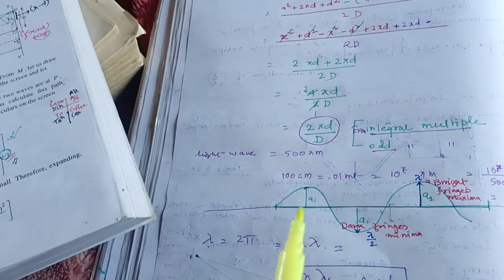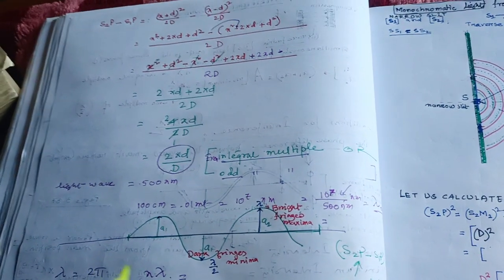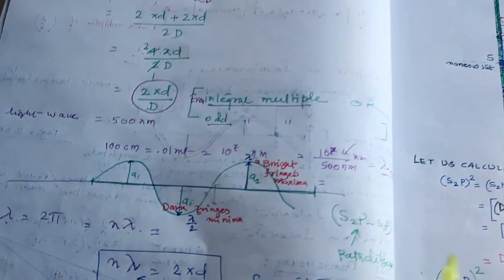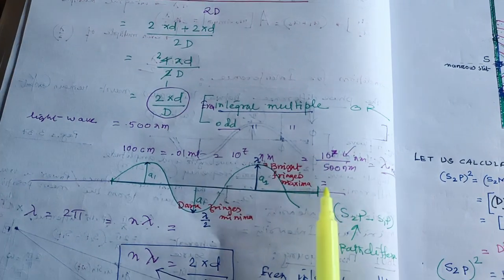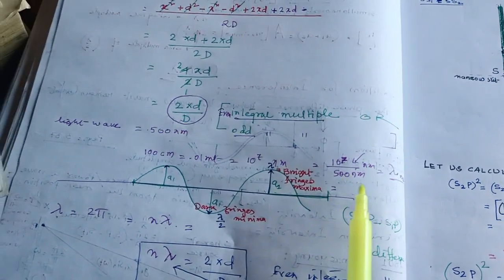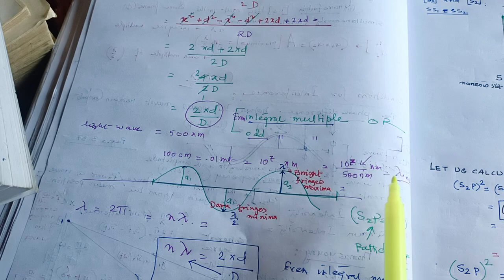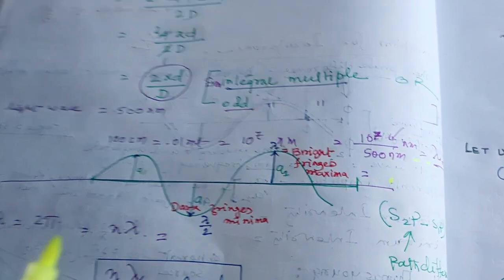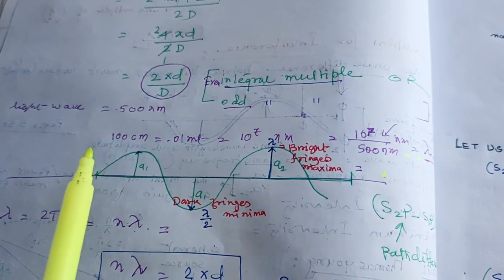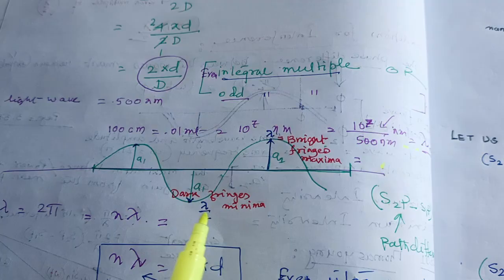Suppose we calculate with a wavelength of 50 nanometer, you will now get the lambda numbers. It is the lambda numbers. So lambda is such a kind of configuration.